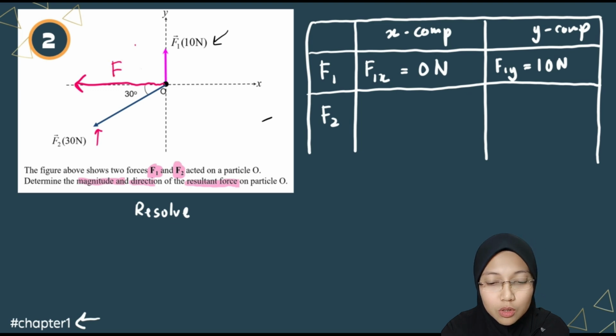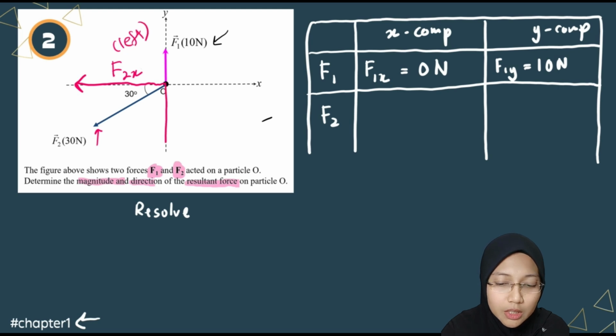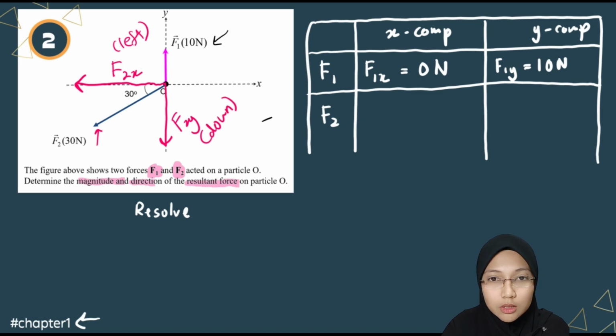So this is going to be your F2x directed to the left, and this is going to be your F2y directed downward. When it is directed to the left or downward, it's supposed to be negative in terms of sign convention. So you have to put the negative sign here. So your F2x is going to be negative.